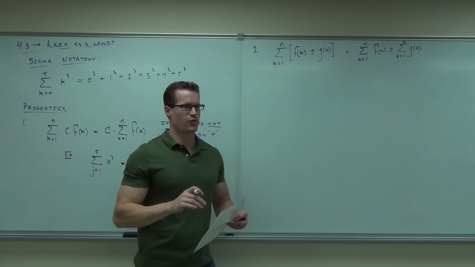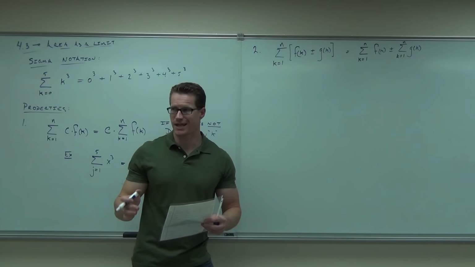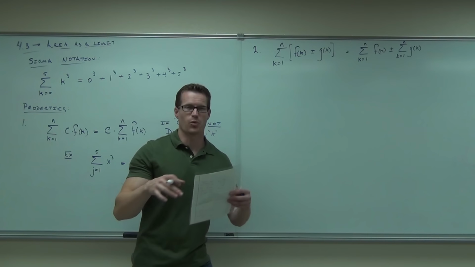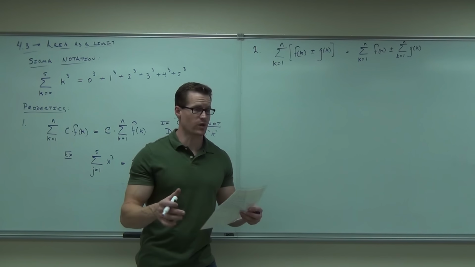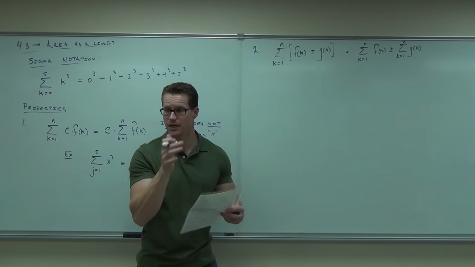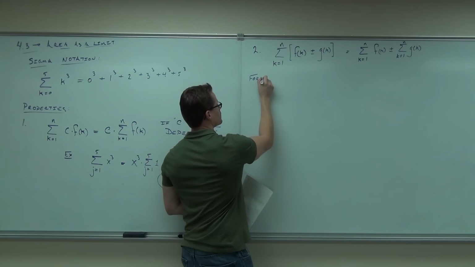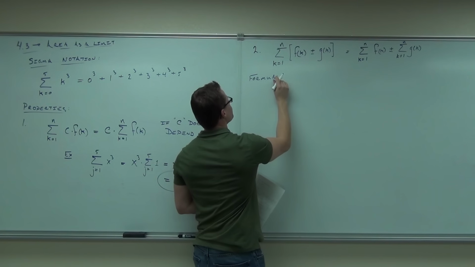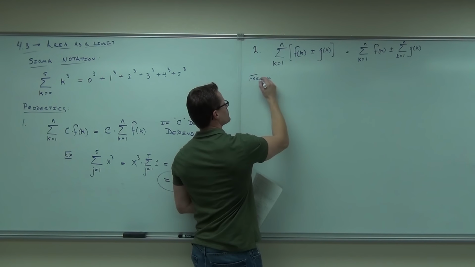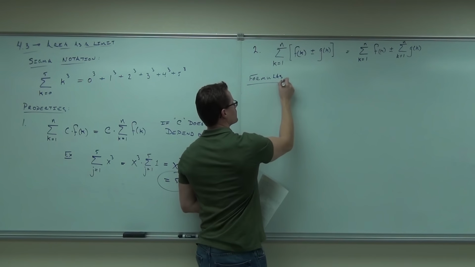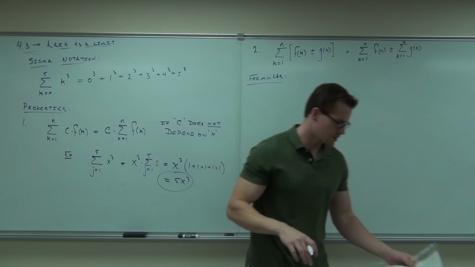We've got to do one more thing before we get into actual theory and why this stuff works. I've got to tell you some ways to manipulate these things, the way that you can figure out some sums, which is kind of nice. The formulas. Now these are in your book, but I'll give them to you explicitly. The most common ones that you're going to use.